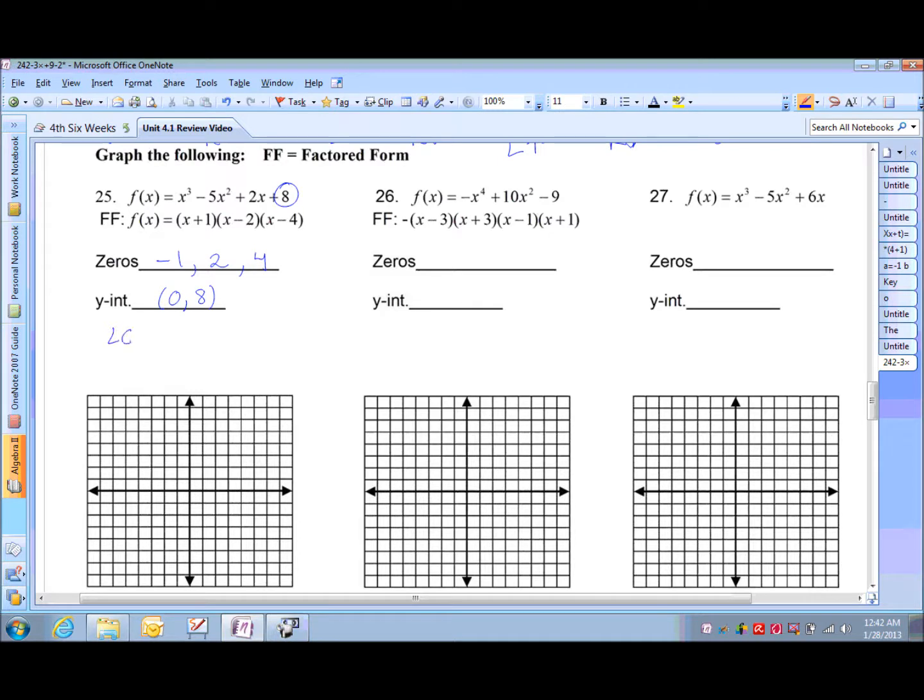Our leading coefficient is positive, it's a positive 1, so the right is going to rise. And our degree is odd, so it's going to have the opposite tendency of the right, and so our left is going to fall.